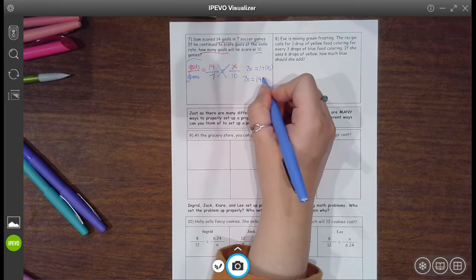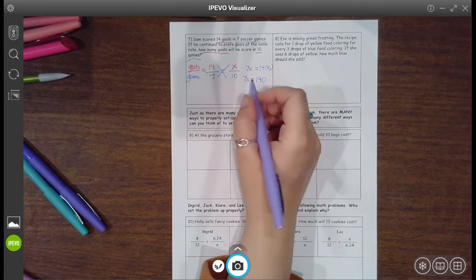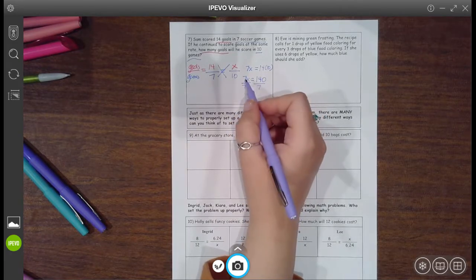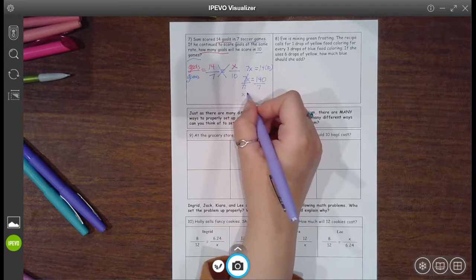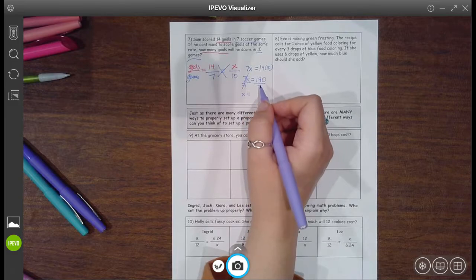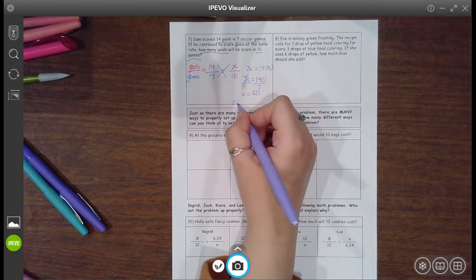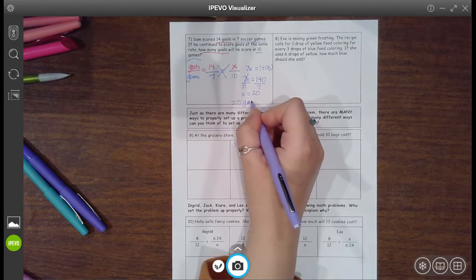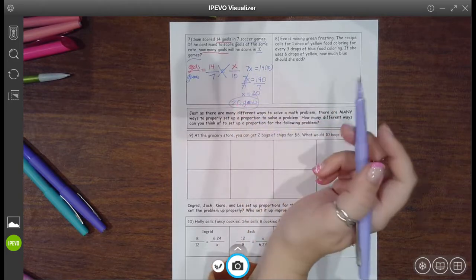That's 140. Now, how do you get x by itself? I need to get rid of that 7, so I'm going to divide both sides by 7. 7 divided by 7 is 1, and 1 times x is x, equals 140 divided by 7, which is 20. And x was talking about the number of goals. It even says how many goals. So perfect. There we go.